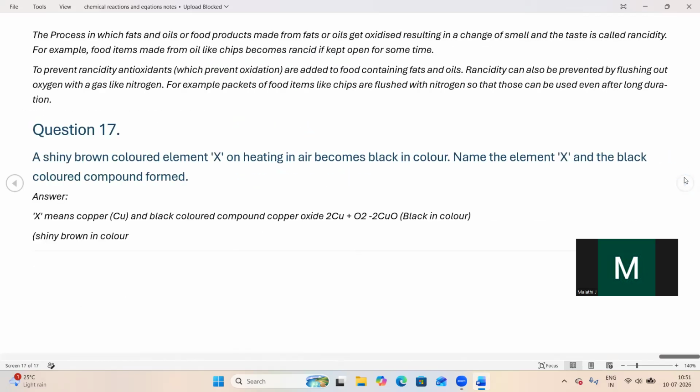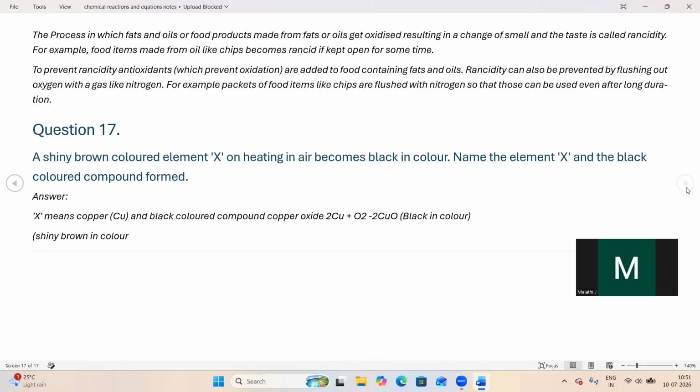Rancidity is when fat and oil containing food products are oxidized and become rancid, meaning they change taste and smell. To prevent rancidity, we should add antioxidants. For example, if you observe a packet of chips, it contains nitrogen gas to avoid rancidity.